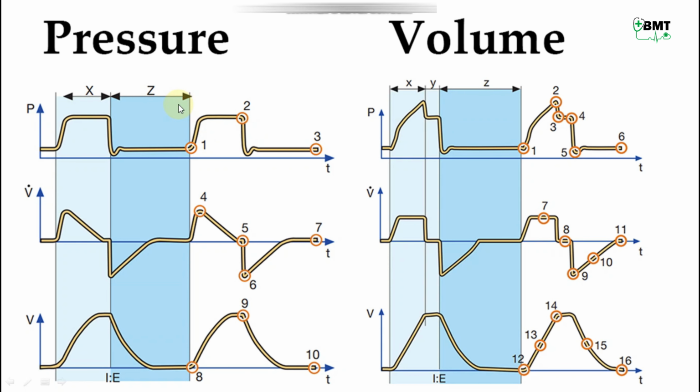In the pressure graph, there is no pause time. So x is the inspiration time and z is the expiration time, the I/E ratio. As you can notice, in pressure graphs the baseline starts above 0 because that pressure is the peak pressure. Pressure never goes to 0 because some of the air always remains in the lungs, otherwise your lungs will collapse.